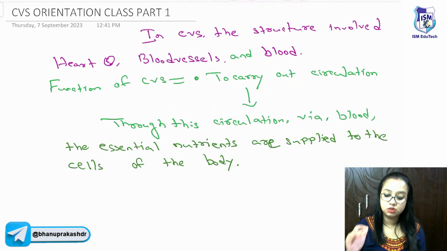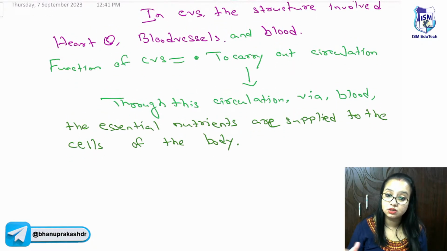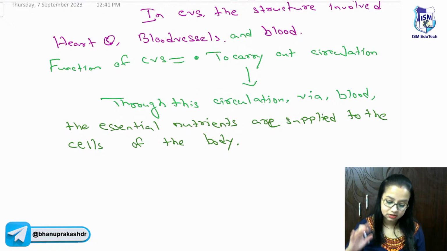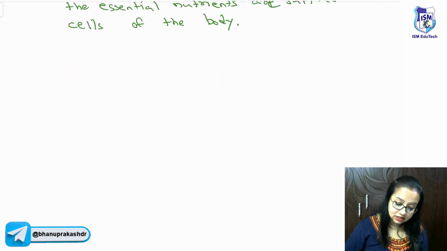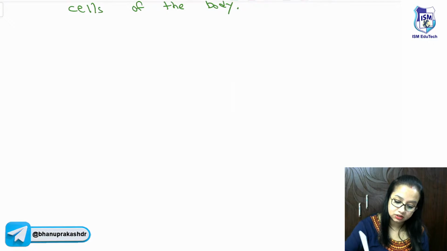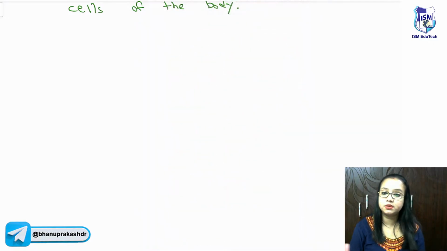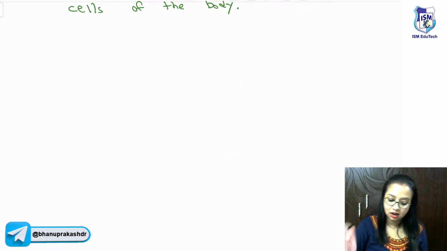And who are the players? What are the structures, or who are the players in it? The heart, the blood vessel, and obviously the blood, because it is getting circulated and it is doing the function of the cardiovascular system. Now, the center point of the cardiovascular system happens to be the heart.